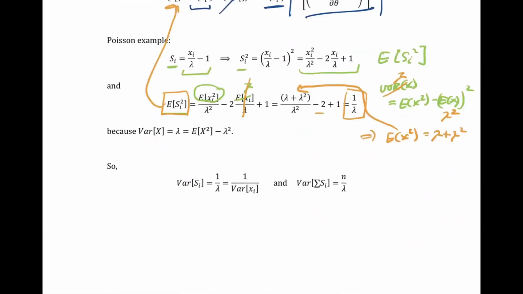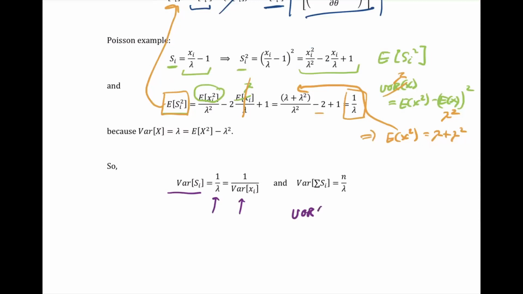So here you go, that should look familiar. Here the variance of the score function is 1 over the variance of x. And the variance of the sum of the score functions is n over lambda.